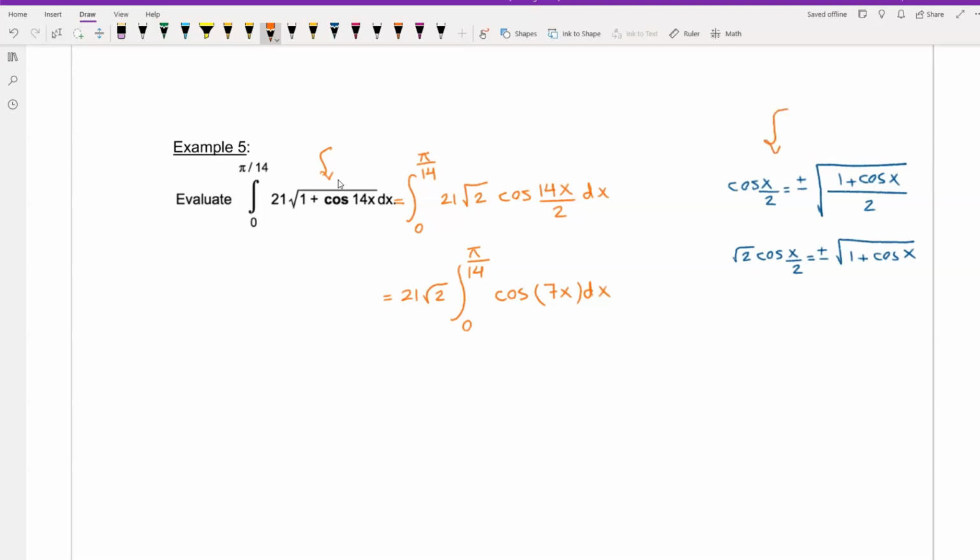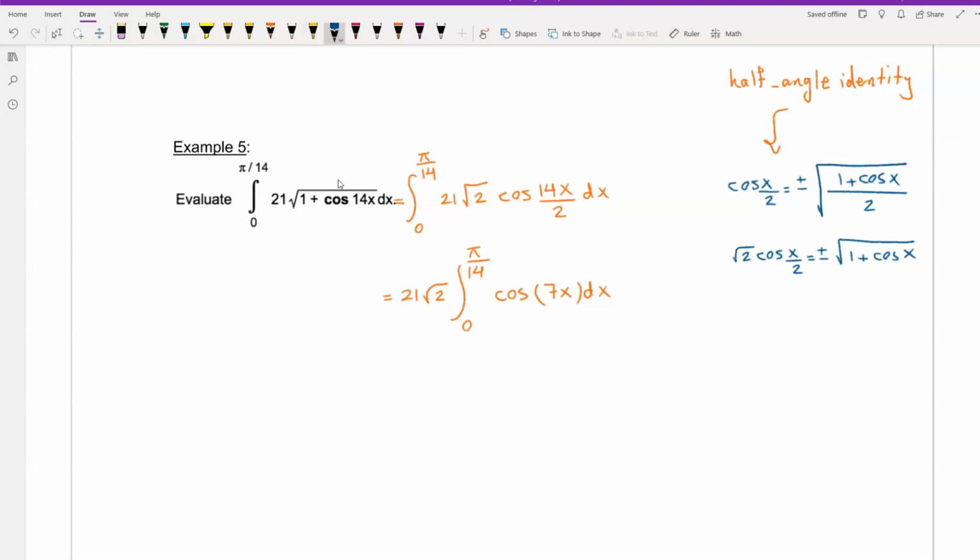So this is the half angle identity, and then based on that, our integral is equal to 21 times square root of 2 times cosine 14x divided by 2 times dx.